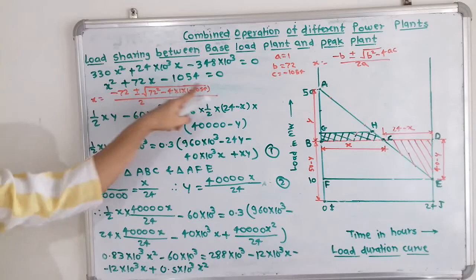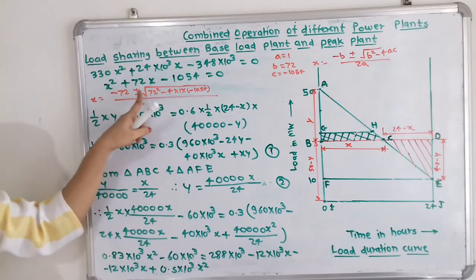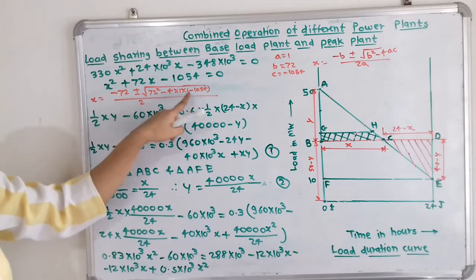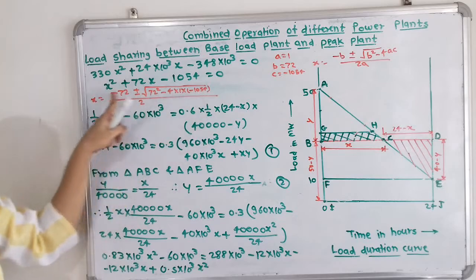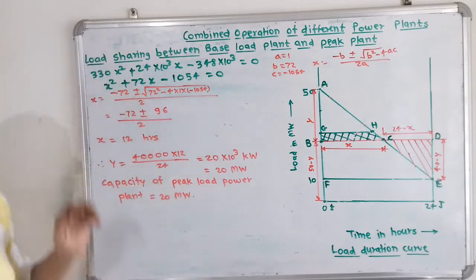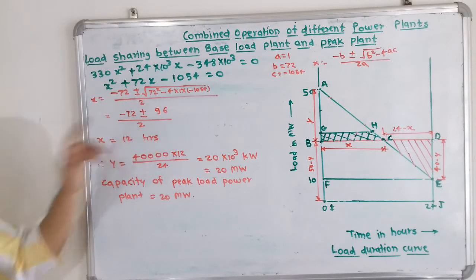So we have to solve the bracket first. Here this minus sign will become plus, that is square root of 72² + 4 × 1054. When we solve this, we get x = (−72 ± 96)/2.